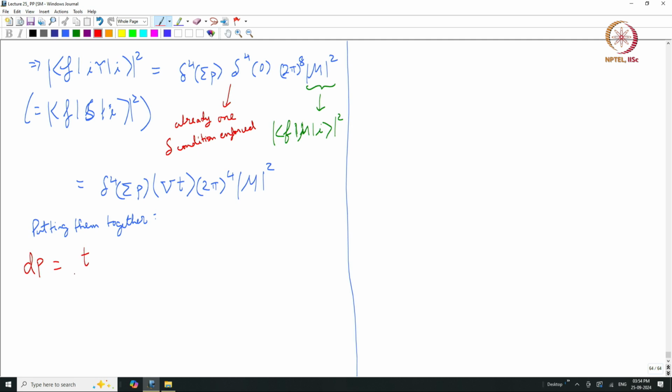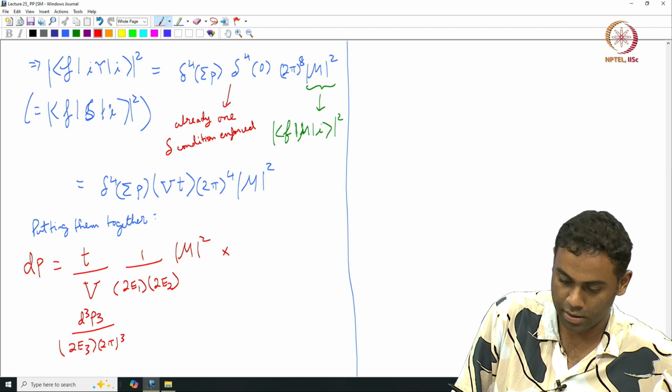That is going to be T over V, 1 over 2E1, 2E2, M squared, times d cubed p3 over 2E3, 2 pi cubed. This comes from the phase space part.